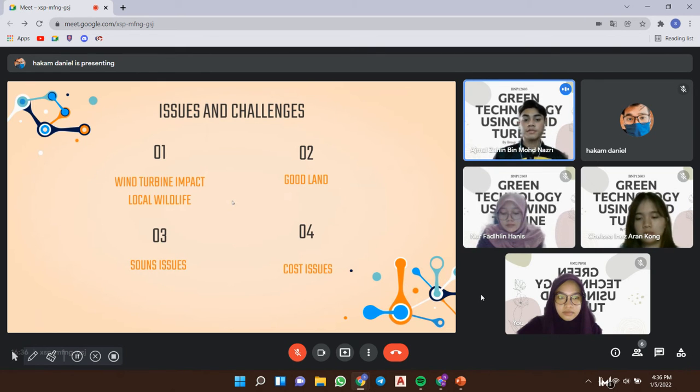Other issues that frequently occur in the use of wind turbines are sound and cost issues. Even though wind turbines can have a positive environmental impact as they use renewable energy as their power source, wind turbines can also be visually imposing and are a source of audible sound and infrasound.